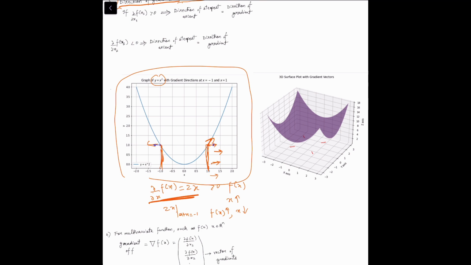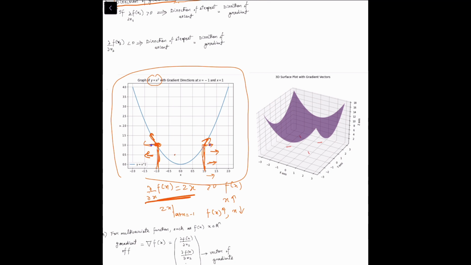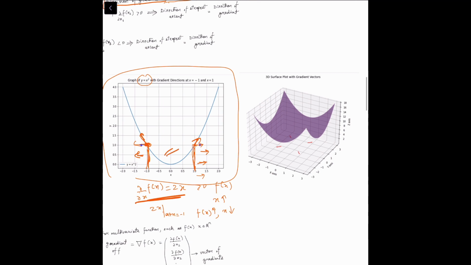Similarly, at this point the derivative is negative, so to increase the value of the function by the maximum value possible, the x has to travel in this direction. So this was the case for one variable. Suppose we have more than one variable.